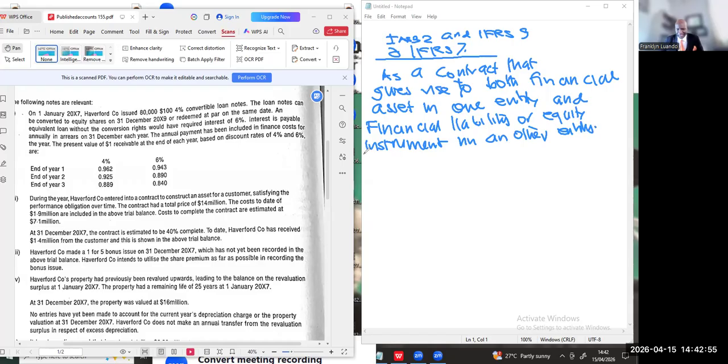So that is the definition of financial instrument.